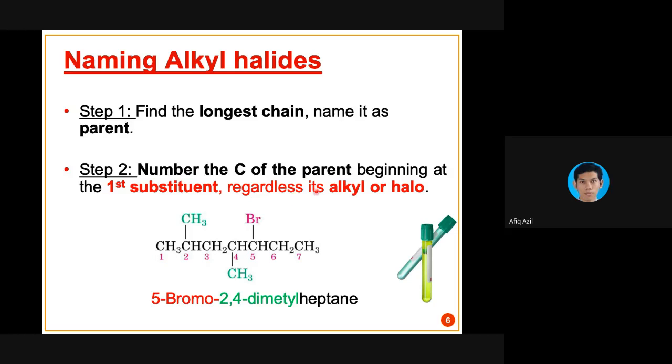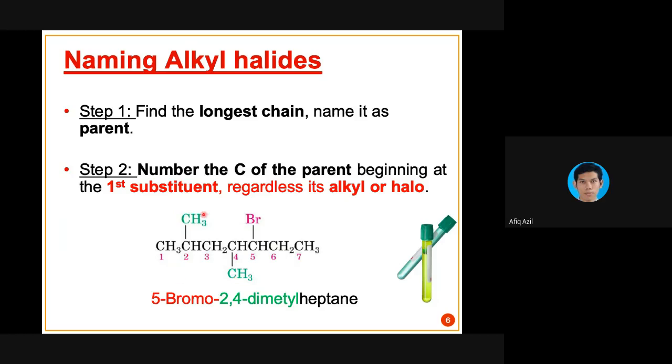Regardless whether it is an alkyl group or halo group or halogen. So that means from this parent chain that you have, the longest chain, you look at the substituents. So what are the substituents? You have this 1, 2, 3. Anything that is branching out from the parent chain is known as substituents.